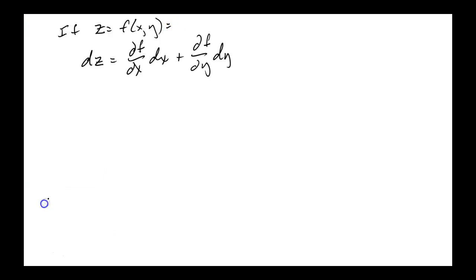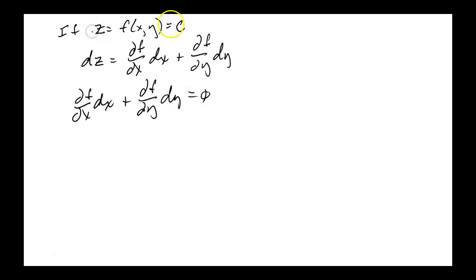Where f of xy is just a constant, then the derivative of z is 0. So then you have partial of f with respect to x dx plus partial of f with respect to y dy is equal to 0, because dz would be 0.